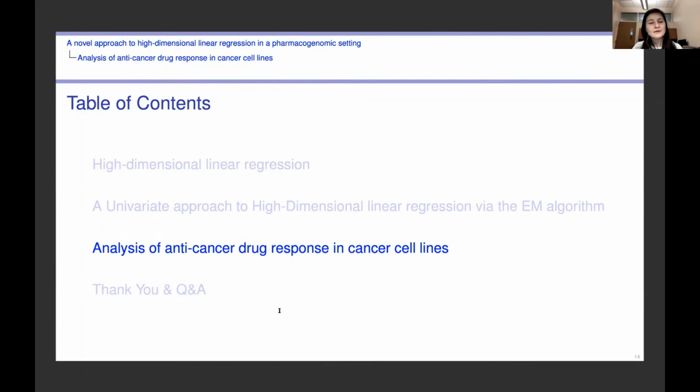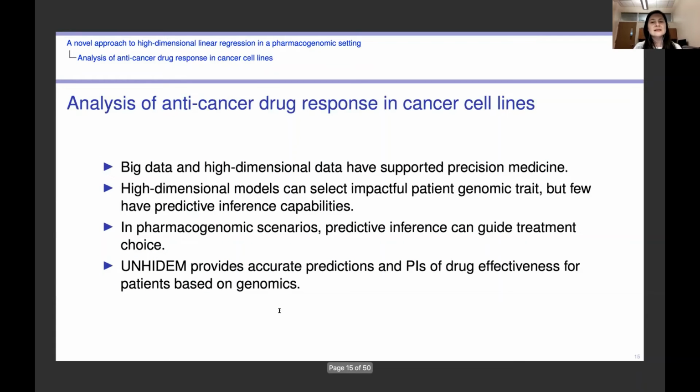Now I'm going to show you how we've used this in an analysis of anti-cancer drug response in cancer cell lines. You've all heard the terms precision medicine, previously known as personalized medicine. Big data and high dimensional data have been tools that have helped us develop precision medicine a lot.